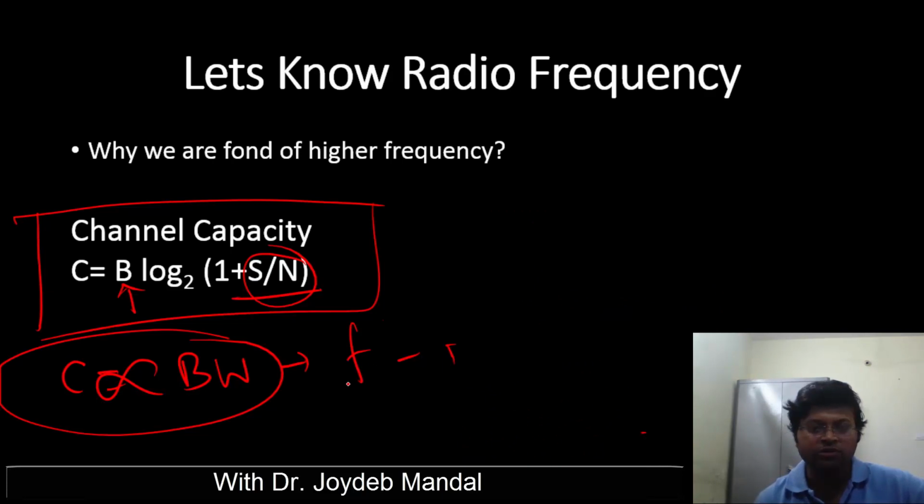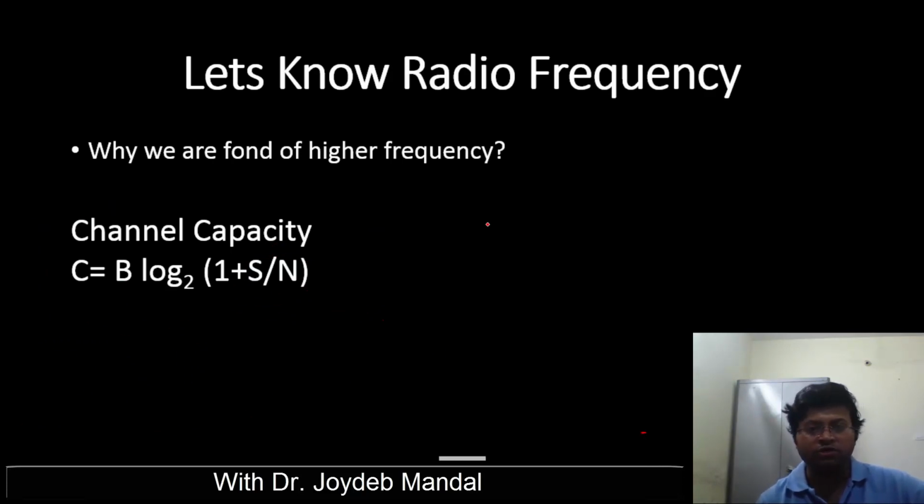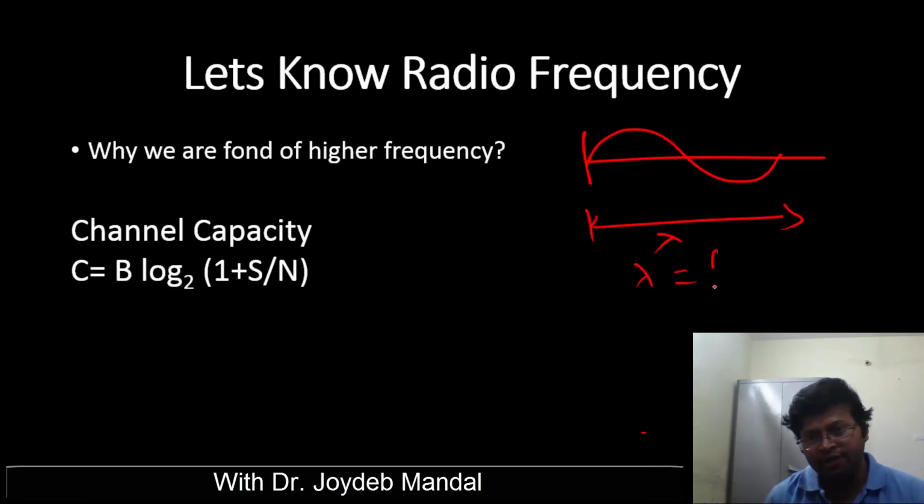And you know that spectrum is very costly for them; when the government auctions the spectrum it is too costly, so they have to utilize their spectrum very cautiously, and they will do modulation that is extremely useful for their business purpose. Anyway, now coming to the picture, if you increase the frequency, suppose this is a wavelength, so lambda equals c by f.